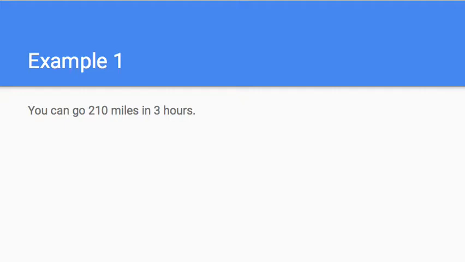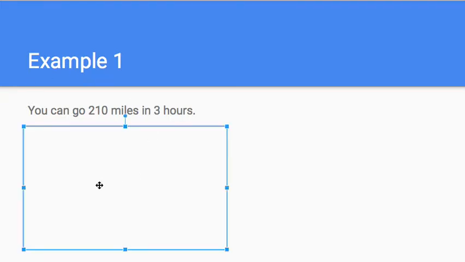So here's example 1. You can go 210 miles in 3 hours. Now, if I want to find the unit rate here, I need to figure out how many miles can I go in 1 hour, or how many hours does it take to go 1 mile. In this case, it makes more sense to do miles per hour. You always want to look to see which one makes more sense.